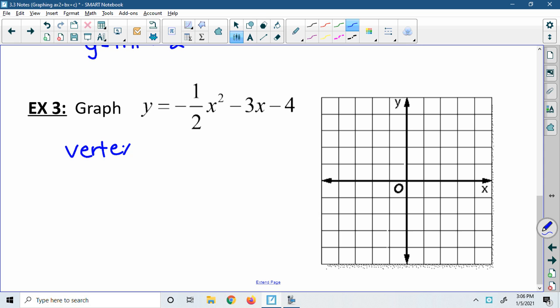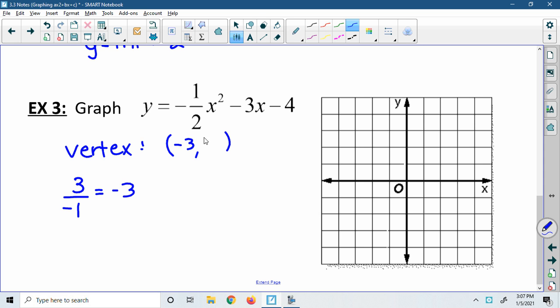We want to find the vertex first. And let's see, it'll be negative b, which would be a positive 3, over 2 times the a number. 2 times negative a half would just be negative 1. So it'll be negative 3 is the x-coordinate of our vertex.